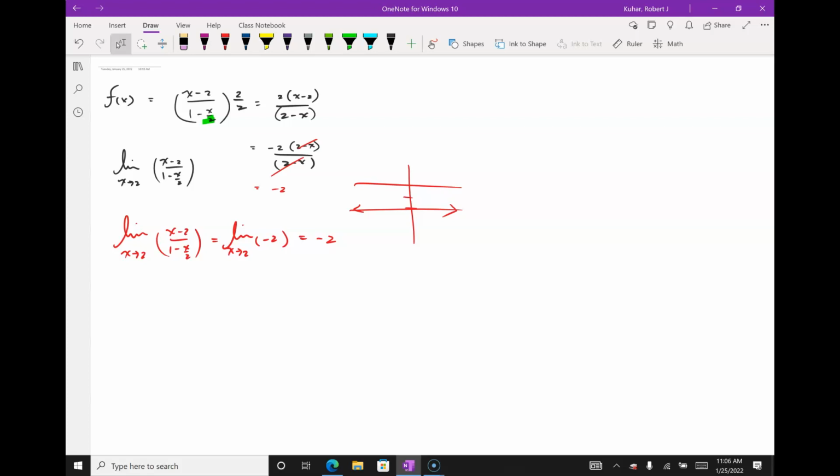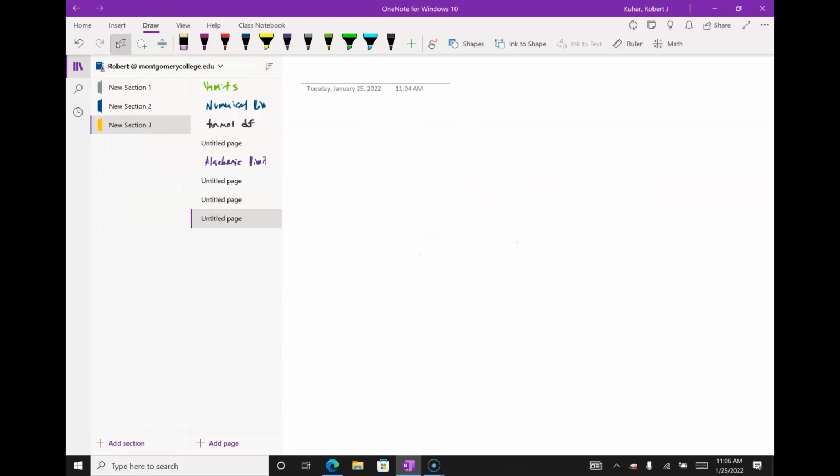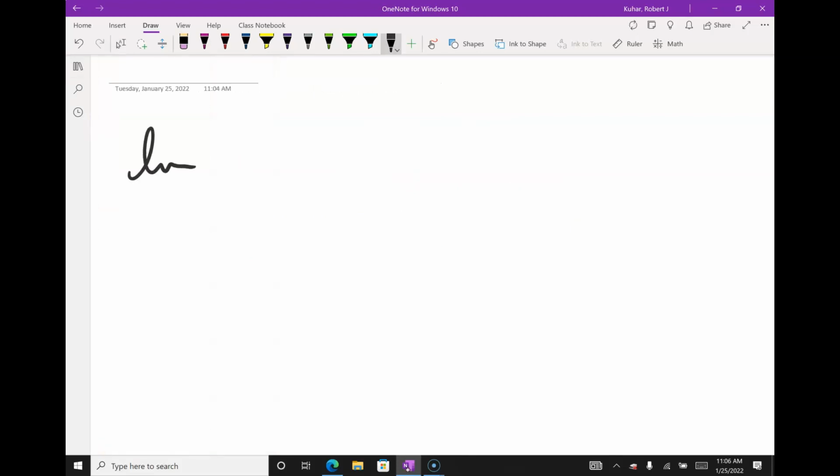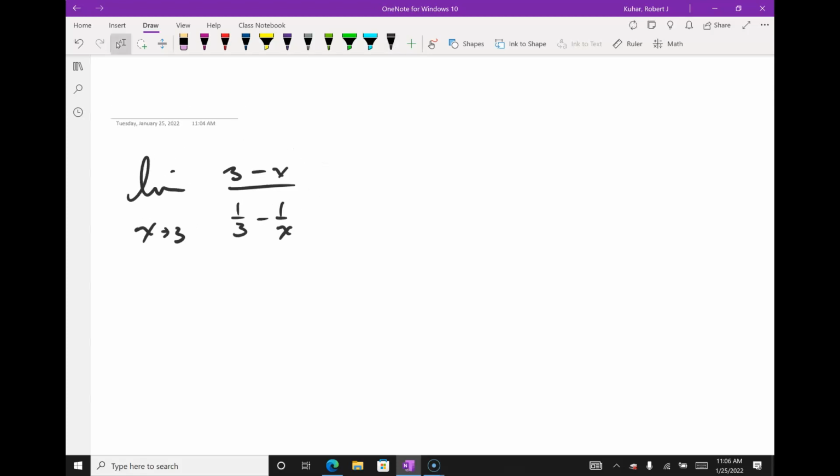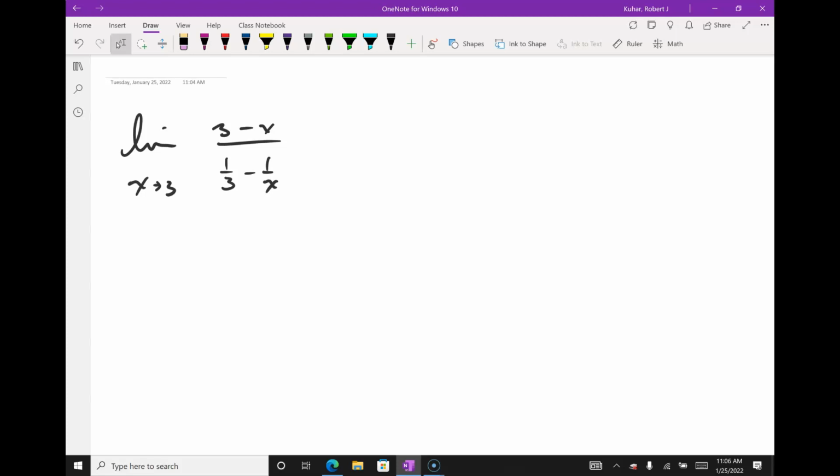Okay, we ready? Let's do the limit as x goes to 3 of 3 minus x over 1/3 minus 1 over x. I'm just making these up in my head real quick, so I have to keep them simple.